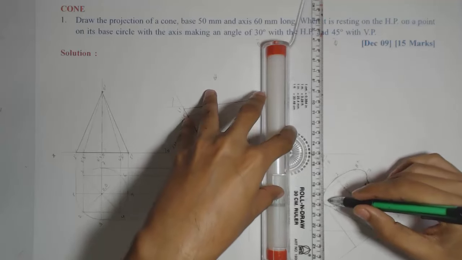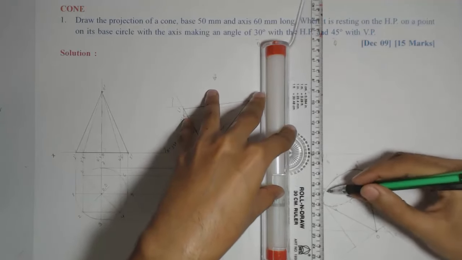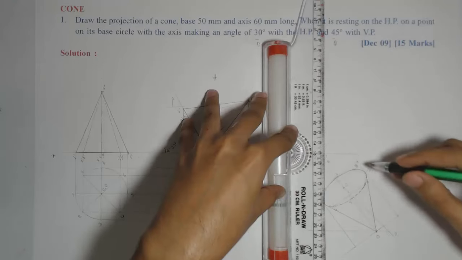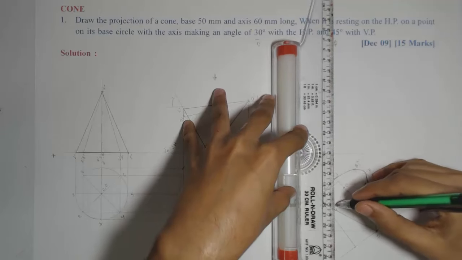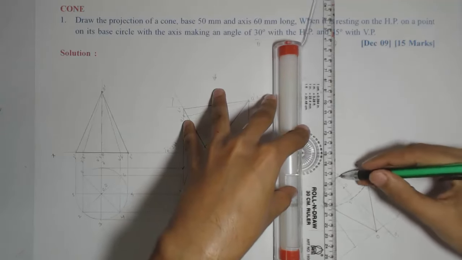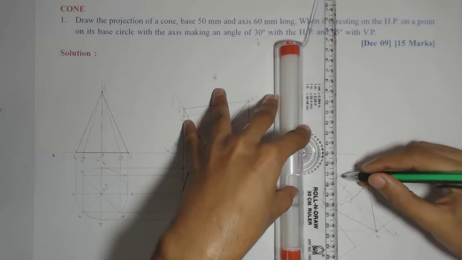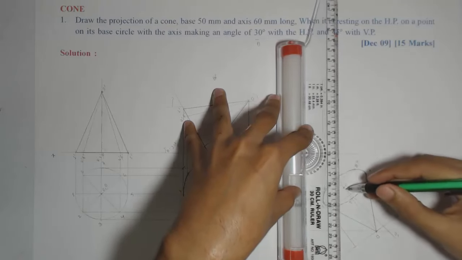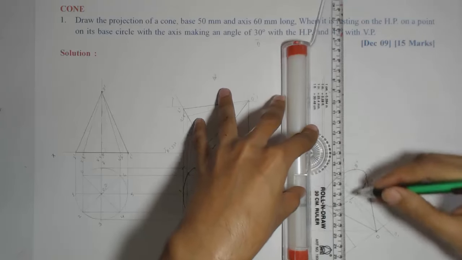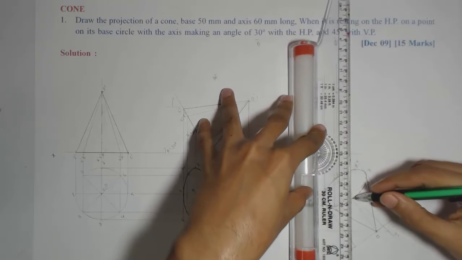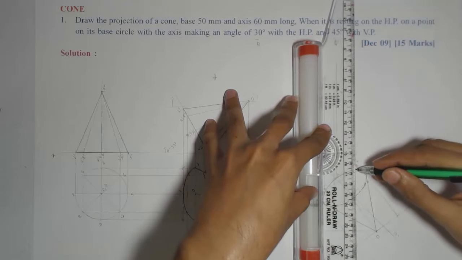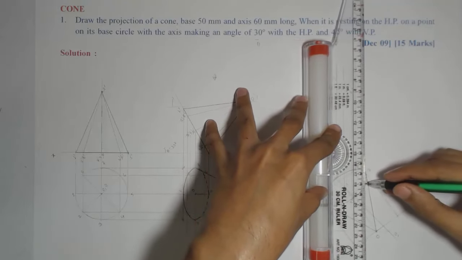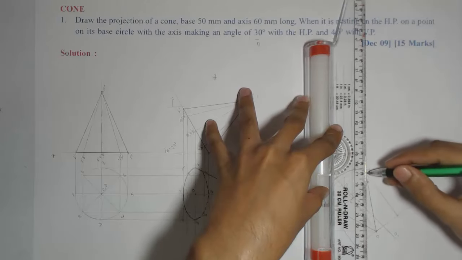So first point 3, then 2, then 1. Sorry, we missed 4 in between. So 4, then 1, then center of the base O. Here we need to be careful while marking the points because lines projectors are too closely placed. So be careful. Then 8, then 6, and finally 7.